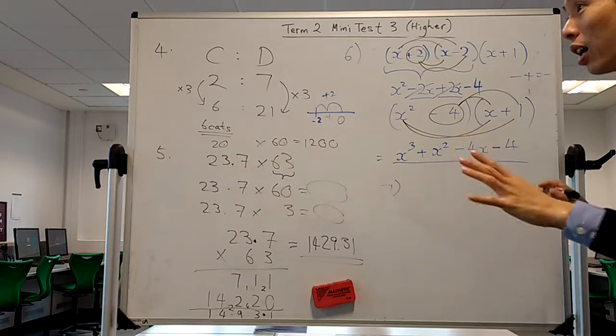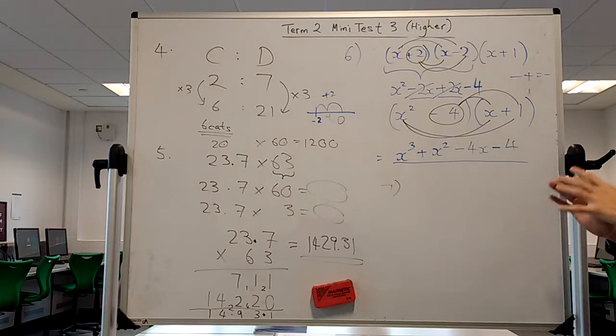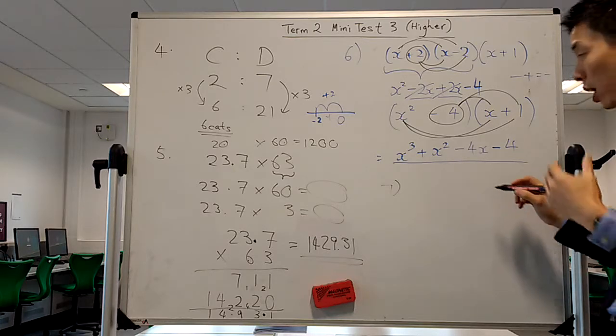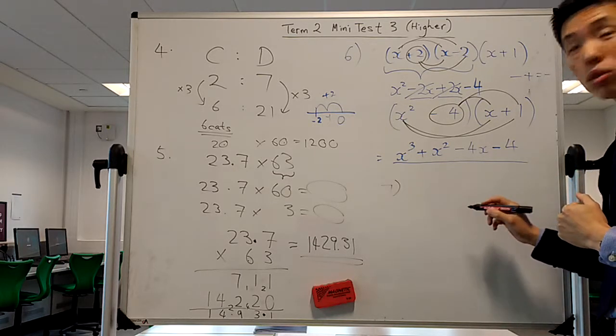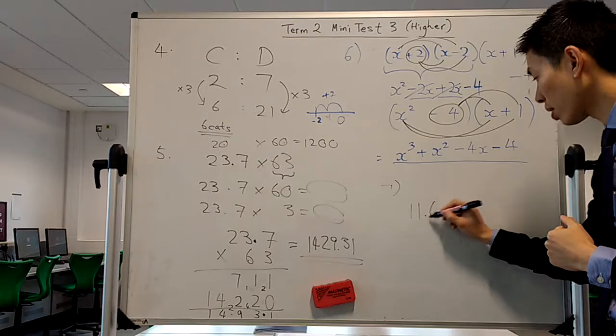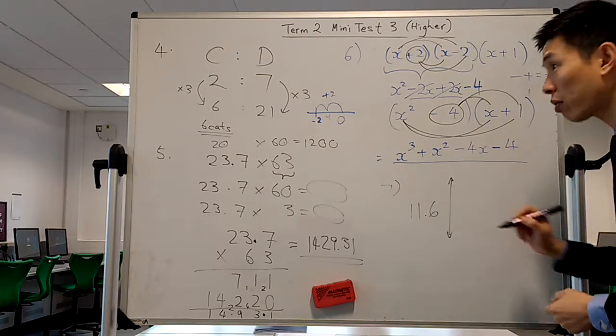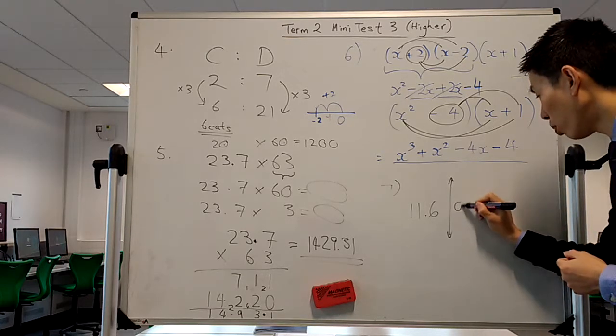This is the one that I ask you to pay a lot more attention to. This is to do with error intervals. So you've got 11.6, and it is rounded to one decimal place, which means it has an error interval worth 0.1.